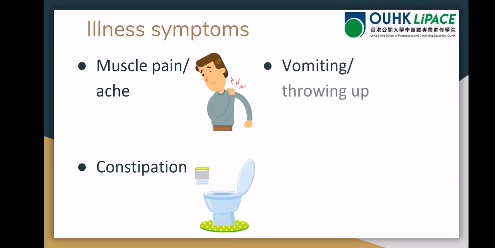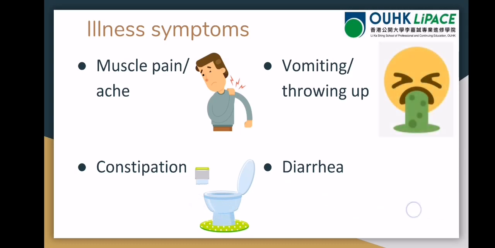Then we have vomiting or throwing up. And the very last one we're going to look at is diarrhea. Vomiting or throwing up is a classic symptom when you're sick, like this here. And diarrhea is the opposite of constipation, going to the toilet too much. I don't want to show you a photo of that, so I just show a picture of the toilet.